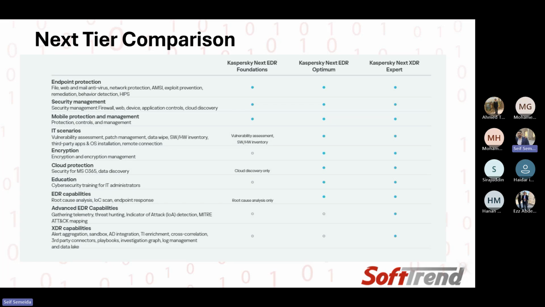Next, we also have the mobile protection and management, which is basically offering security for Android and iOS devices. Some of the security features are anti-malware, anti-theft functions, such as remotely locking your devices in case of theft or loss. You can also wipe your device and remove any data on it.